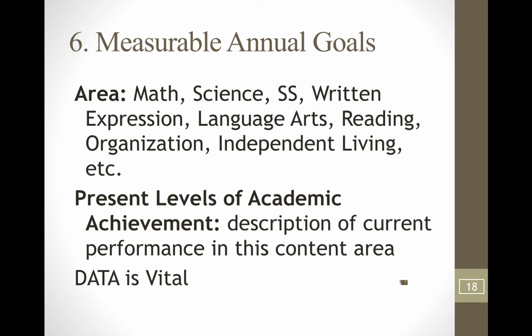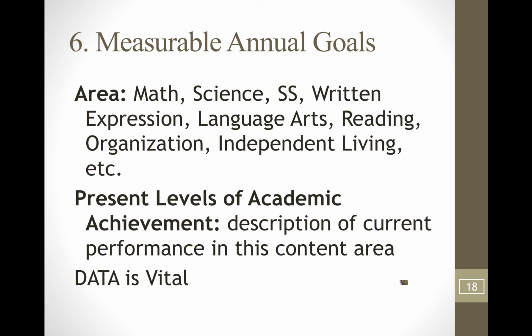And then right below that, for each goal that you have, you'll determine the present levels of academic achievement. This is also known as PLOP, P-L-O-P. And what goes here is just the current baseline information of where the student is in this area.